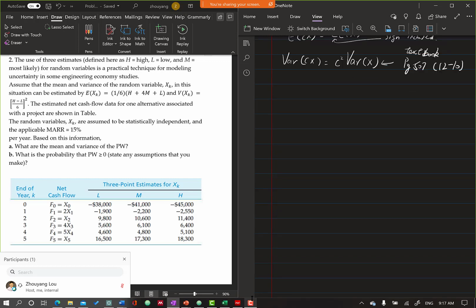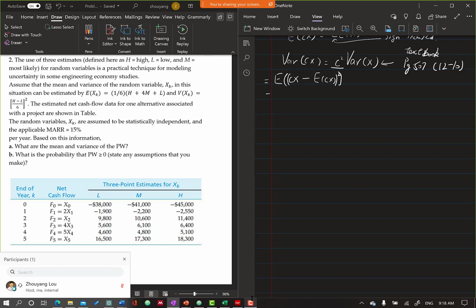But for convenience, I can also show some of the steps. Why are we getting this square? Let's start with the original formulation. The variance would just be the expectation of Cx minus the expectation of Cx, and we need to square that and take the expectation.